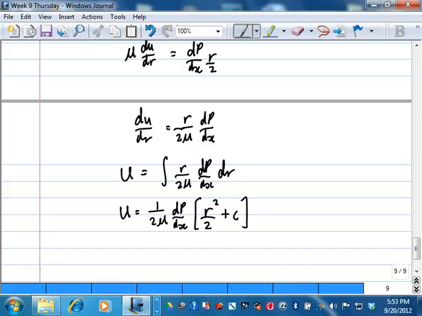What is C? Boundary condition: when R is big R, U equals 0.